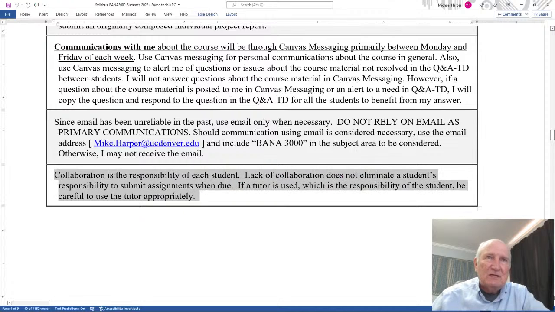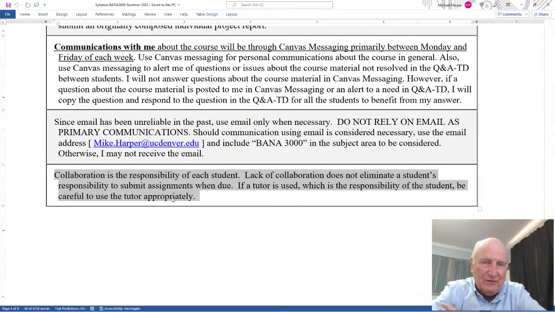Collaboration is a responsibility of each student. Lack of collaboration does not eliminate a student's responsibility to submit assignments when due. If a tutor is used, and sometimes people use tutors, which is the responsibility of the student, be careful to use the tutor appropriately. Unfortunately, I've experienced that tutors can be very, very valuable.